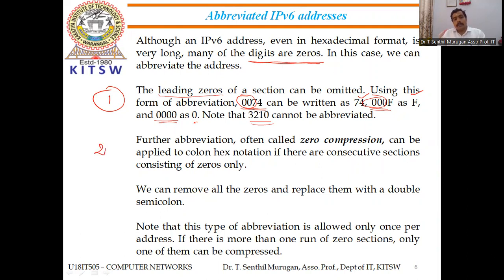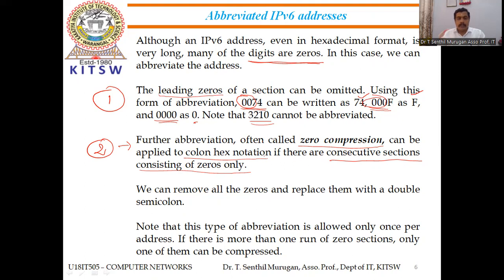Second rule, compression of zeros. Okay. Second rule is compression of zeros. That is zero compression. What is zero compression? Applied to colon hexadecimal notation, if there are consecutive sections consisting of zeros only, how can we write it?